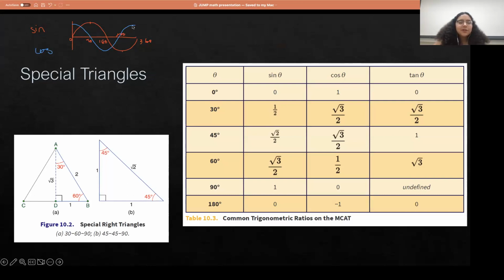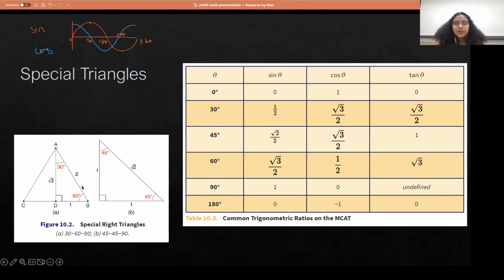And then for 30, 60, and 45, the special triangles come in handy. So I would say it's worth memorizing these ratios. So the 30, 60, 90 triangle is made by taking an equilateral triangle where all angles are 60 and dividing it into 2, as you see with the dotted line there. And so for that, it's just important to note that the measurements there become 1, 2, and √3.